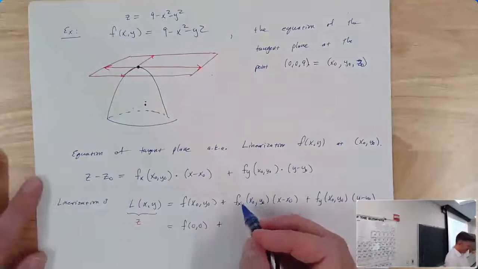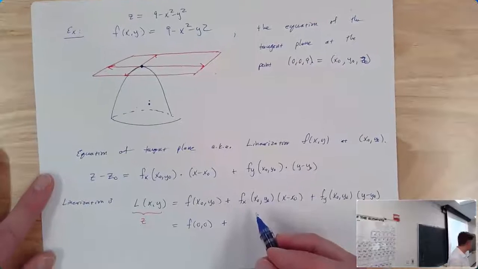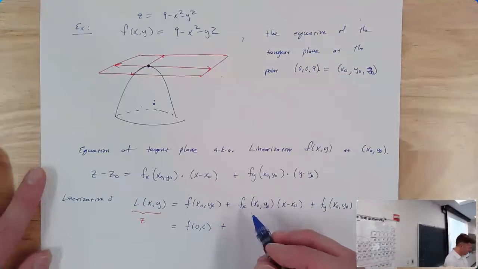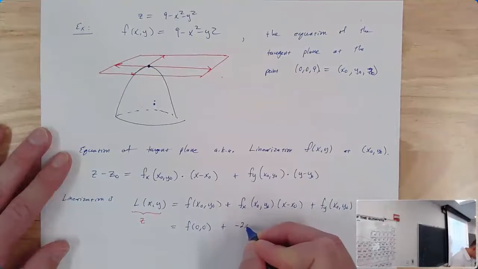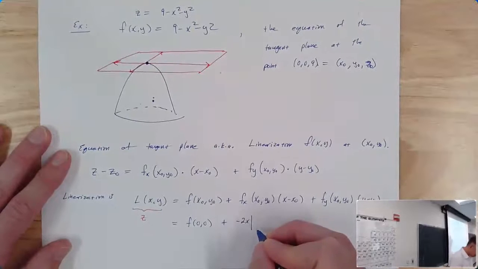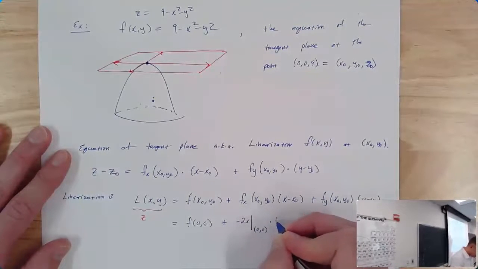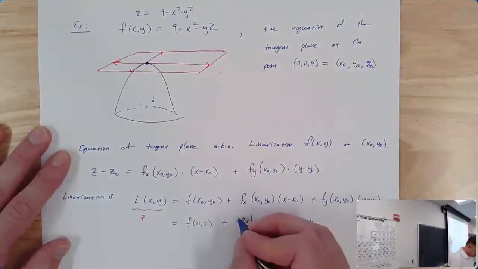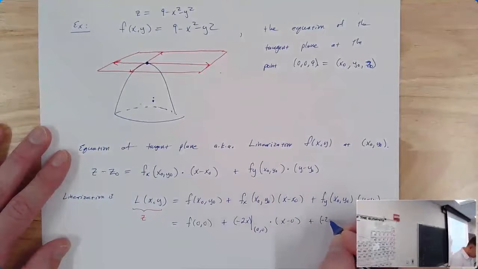What's my partial with respect to x? It's negative 2x, but I'm going to plug in the x naught, y naught value. So I'm evaluating at 0, 0 times x minus 0, plus the partial with respect to y, which is negative 2y, also evaluated at 0, 0 times y minus 0.